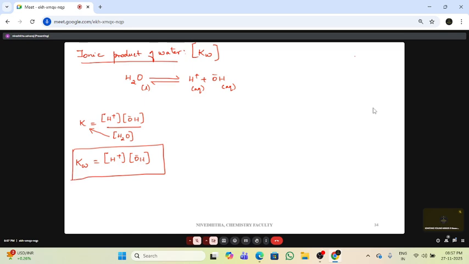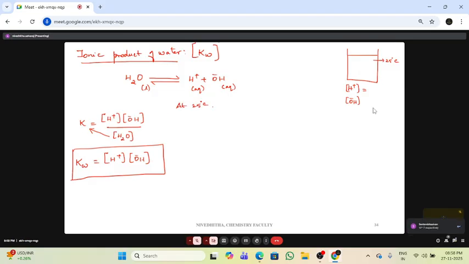If I have a beaker full of water, and the temperature of this water is 25 degrees Celsius, water will get dissociated and we'll have H plus ion and OH minus ion. The concentration of H plus ion and OH minus ion at 25 degrees Celsius is 10 power minus 7.